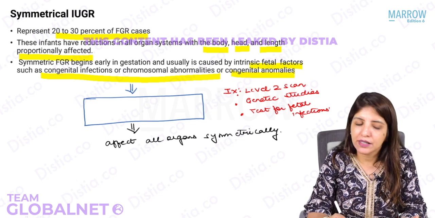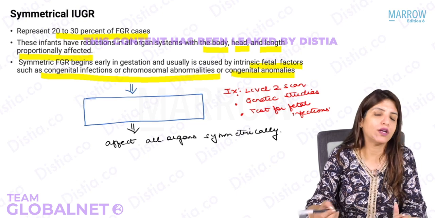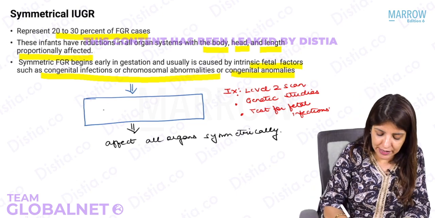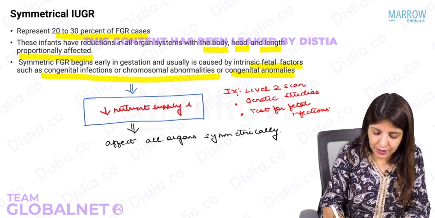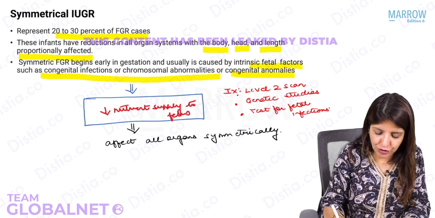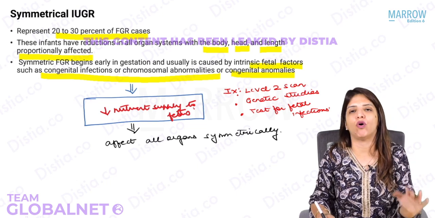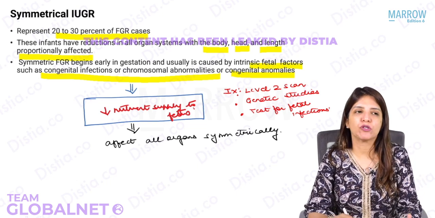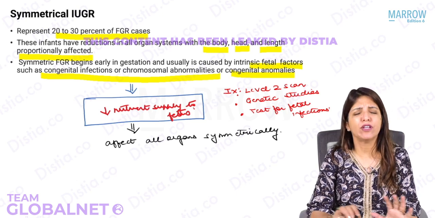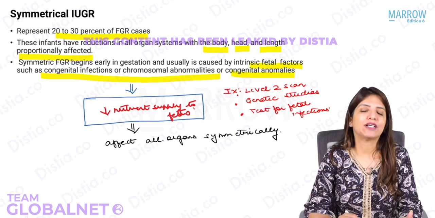Whenever there is an infection in early intrauterine pregnancy, or a chromosomal cause, or a congenital anomaly, it leads to a decrease in the nutrient supply to the fetus, and this affects all the organs symmetrically, right? So the baby's head will also be small, length will also be small, everything will be proportionately small.